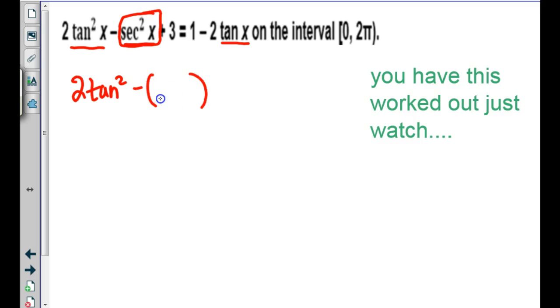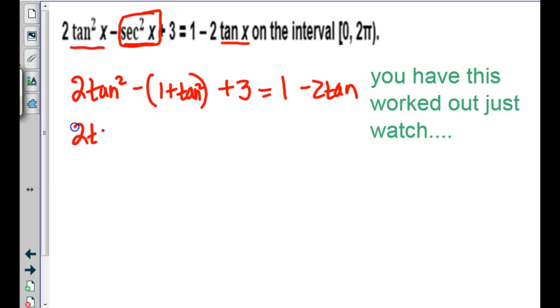Pythagorean identity on your peach sheet. Secant squared is equal to 1 plus tan squared. Then there was a plus 3, and on this side there was a 1 minus 2 tan. Okay, this is a hot mess, but at least are they all now in terms of the word tangent? Okay, so I got rid of this secant squared by replacing this.